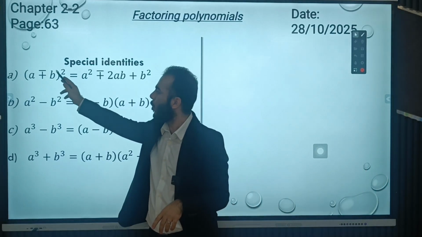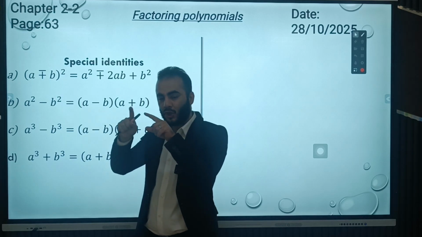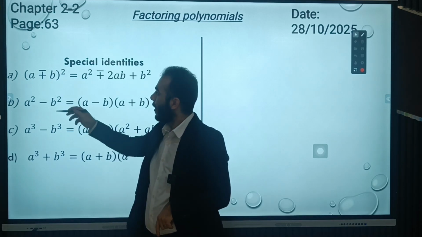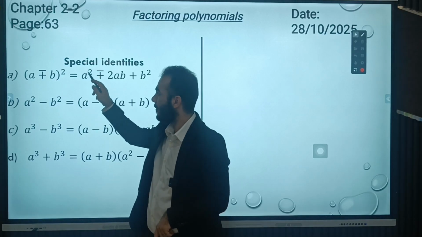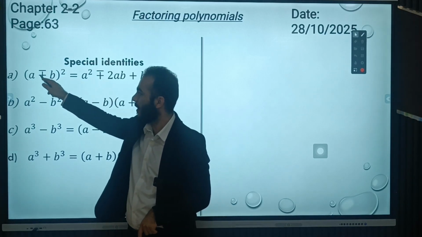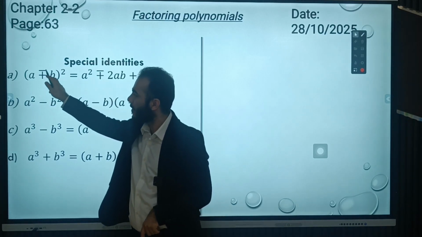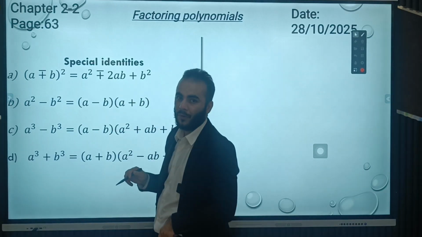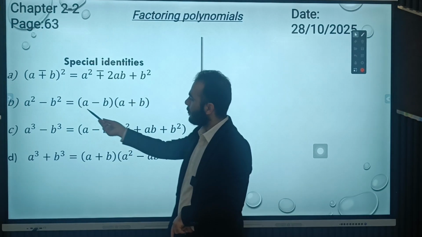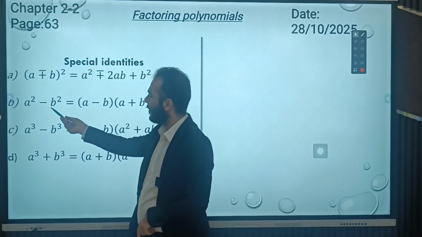If we have the square of a sum or difference, like the square of a bracket, we move on in this way. First term square plus or minus, it depends on this sign, 2 times the first term times the second term, 2 times a times b, plus the second term square.